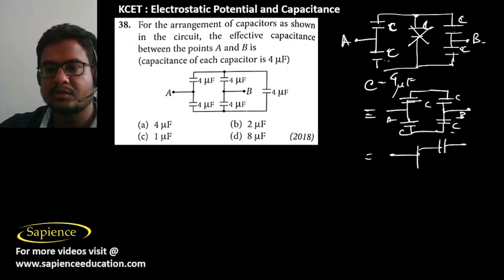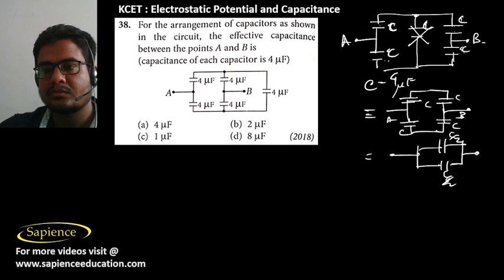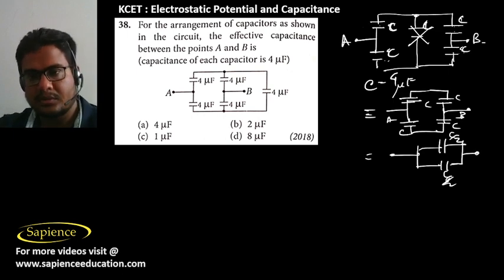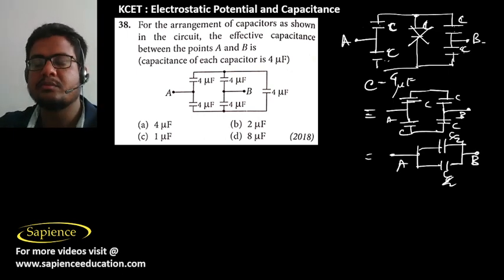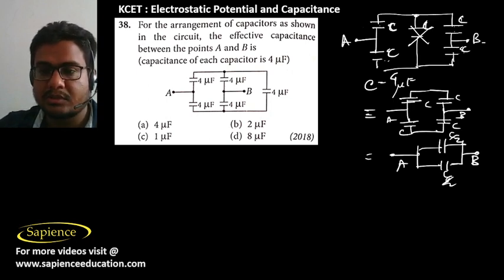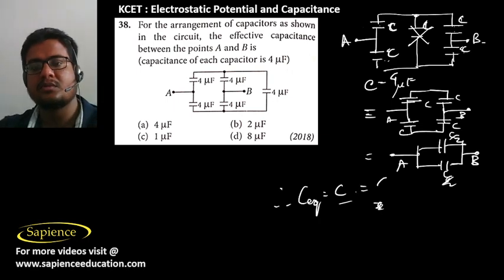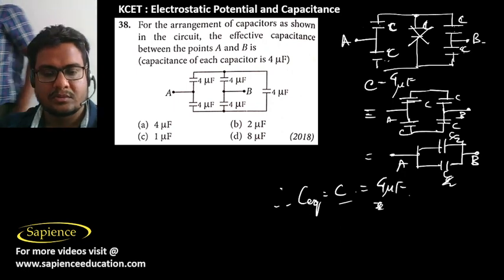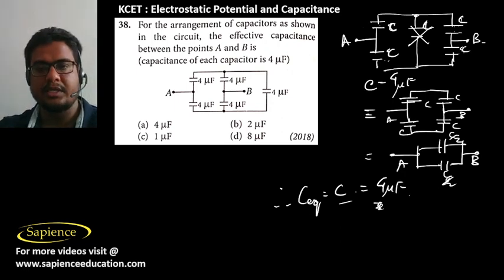This capacitor is C by 2, and this one is also C by 2. Then across A and B, these two capacitors are connected in parallel, so their equivalent capacitance is C by 2 plus C by 2, which is C. Therefore the equivalent capacitance is C, equal to 4 microfarad only. So option A is the correct answer.